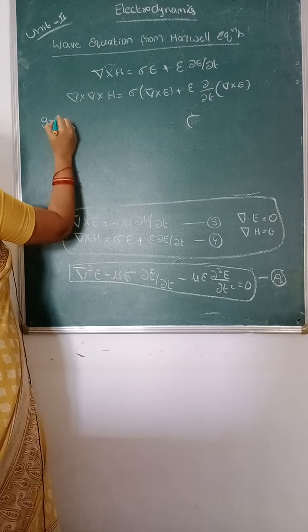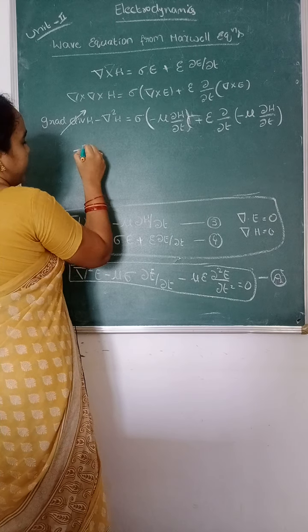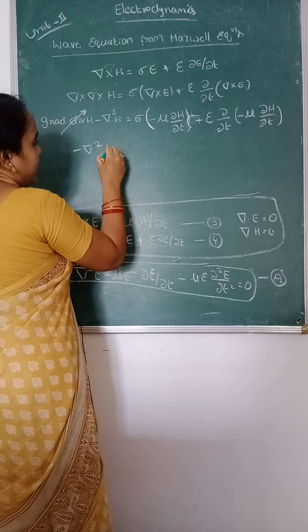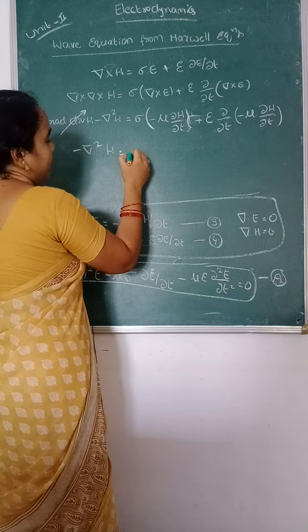Minus mu dou H by dou T. By expanding, since del dot H is equal to 0, this term goes to 0. Hence minus del square H is equal to minus mu sigma dou H by dou T minus mu epsilon dou square H by dou T square.